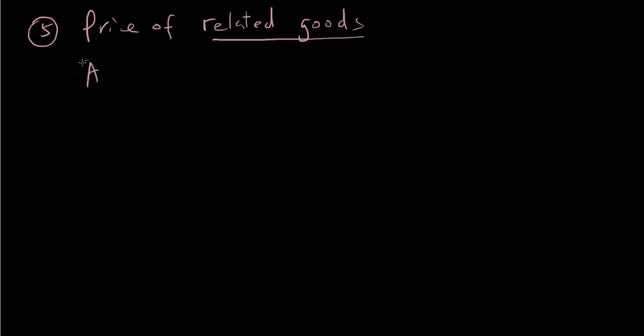This time, price of related goods, not its own good, related goods. So we're going to talk about two different types of related goods, and the first one is called substitutes.